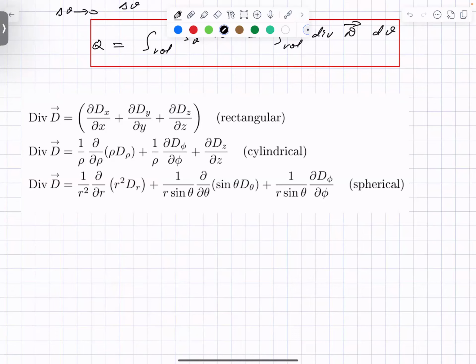Is that correct? Yeah, there are two different ideas. In real life, there will be charge. There are no flux lines in real life. It's just something that we use to visualize a vector field, its strength, and its direction.